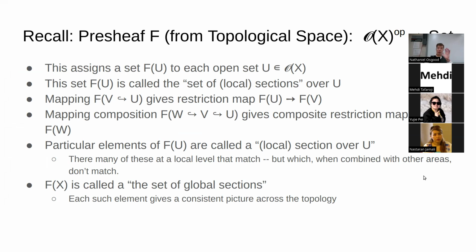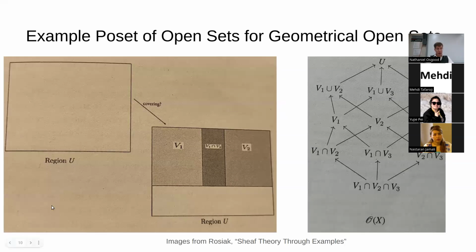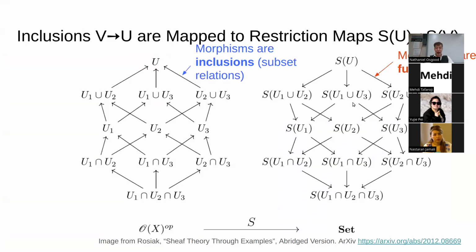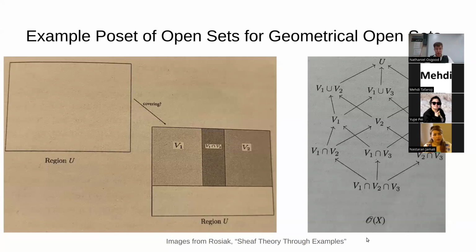But here we're talking about topological spaces where we have posets of opens, right? So we have some situation in the world that has some set of regions in it that have some connectivity between them. And we can represent that as a category, a poset or pre-order category, where each of these nodes are what? What are each of these nodes in this category?